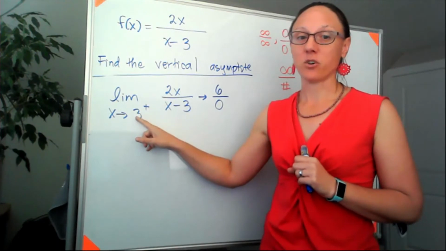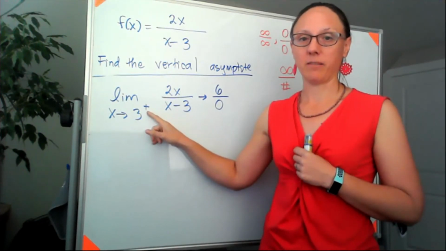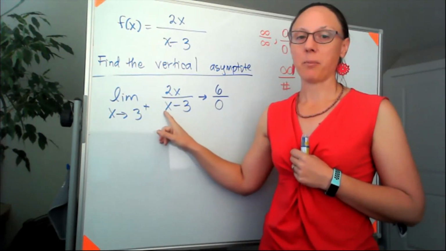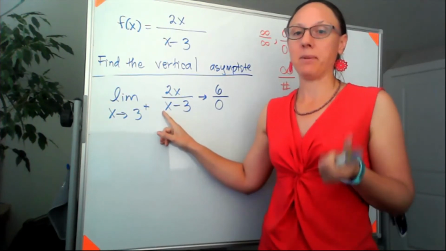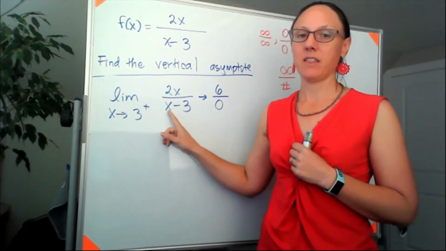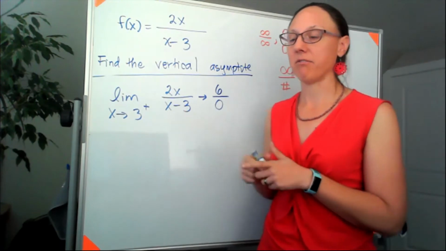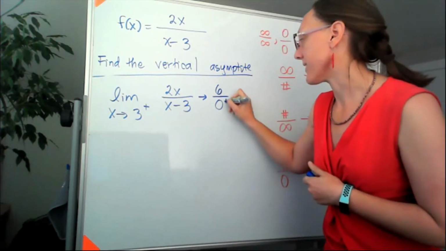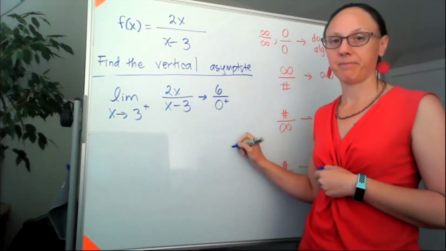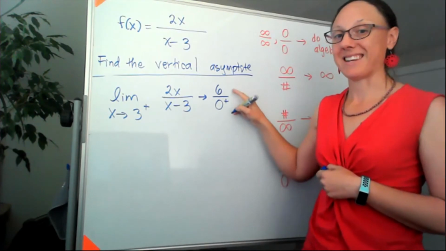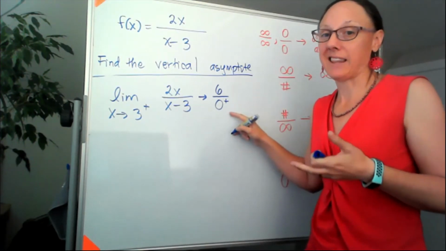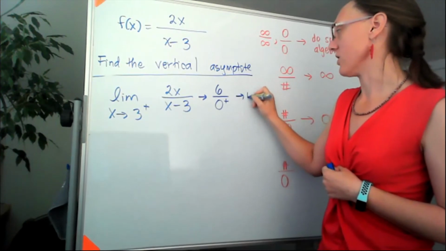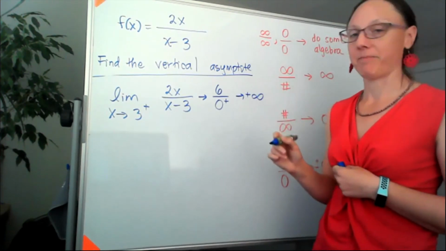Well, this says that I took 3 and I added a little bit to it. So if I have a number in here for X that's 3 plus a little bit, then when I subtract the 3 back off, I've got a positive number, which means 6 over a slightly positive 0 is headed to positive infinity.